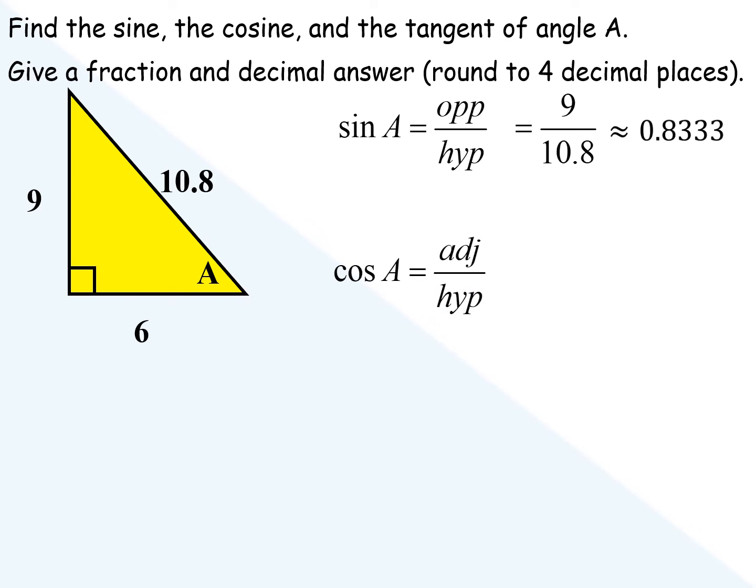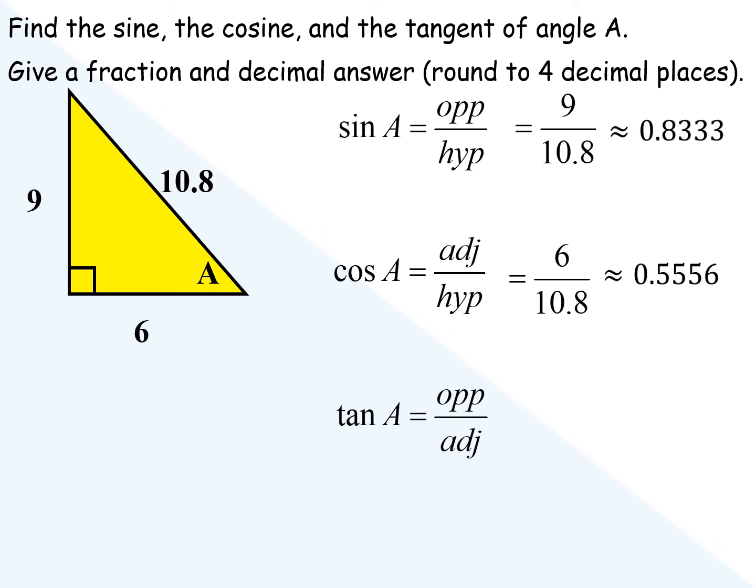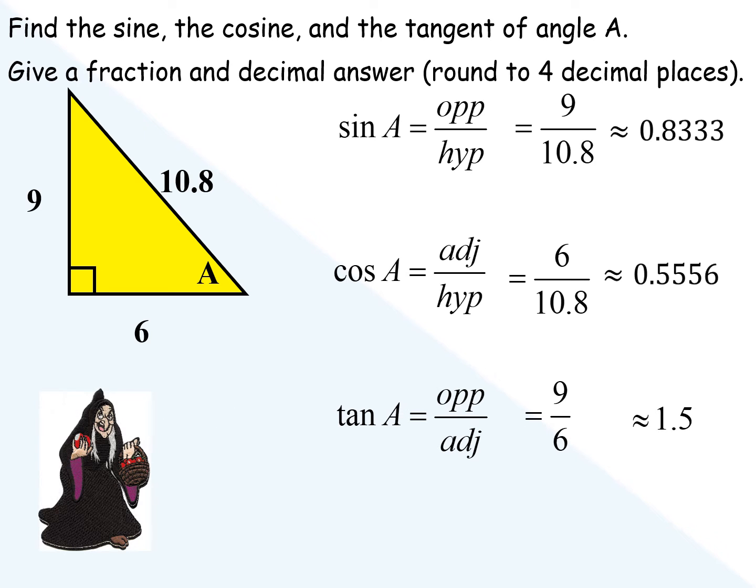Then we are going to have cosine A. So cosine A is equal to adjacent over hypotenuse, CAH. So it is equal to 6 over 10.8 or approximately equal to 0.5556. And we have the last one, tangent A is equal to opposite over adjacent, TOA. It is equal to 9 over 6 or approximately equal to 1.5.